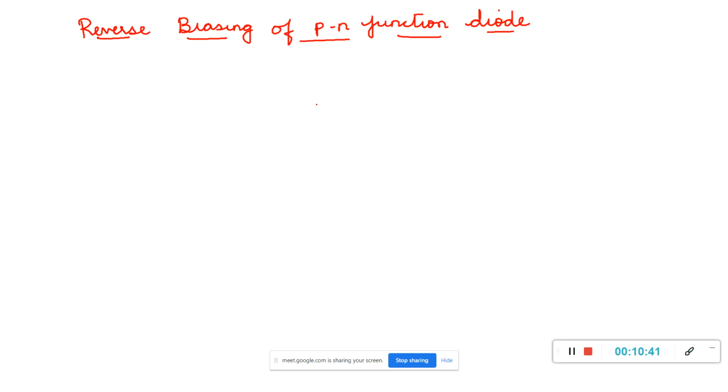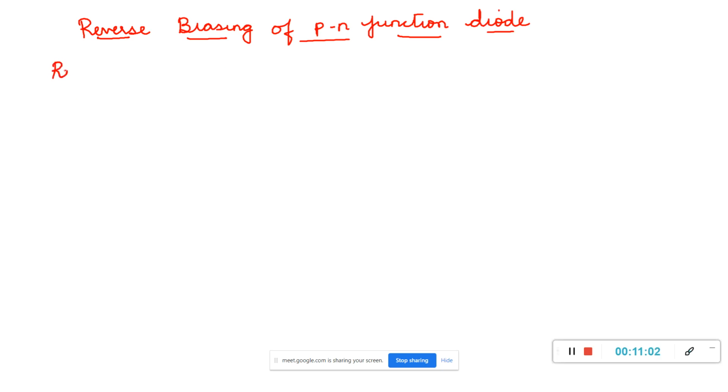External DC voltage is connected in such a way that the P region terminal of the PN junction is connected to the negative terminal of the battery, and the N region of the PN junction is connected to the positive terminal of the battery. This biasing condition is called reverse biasing of a PN junction.